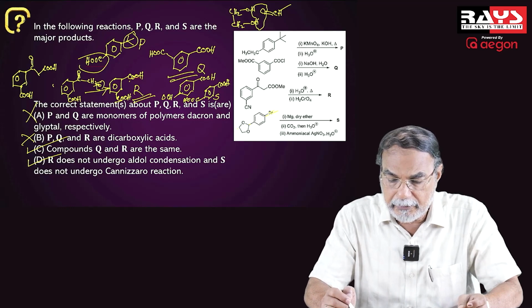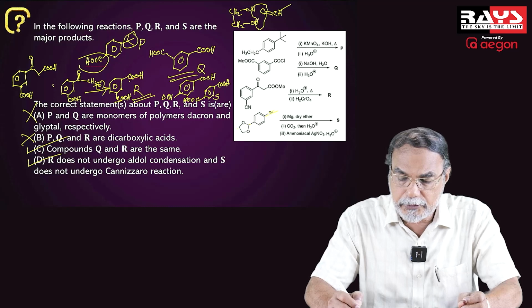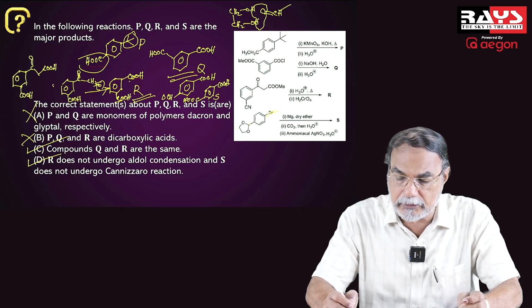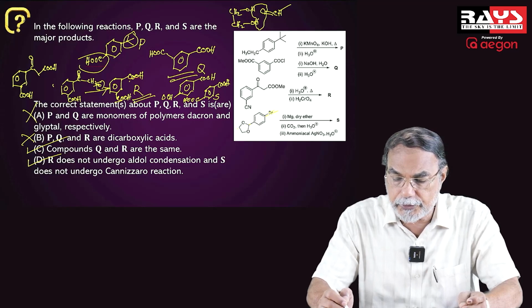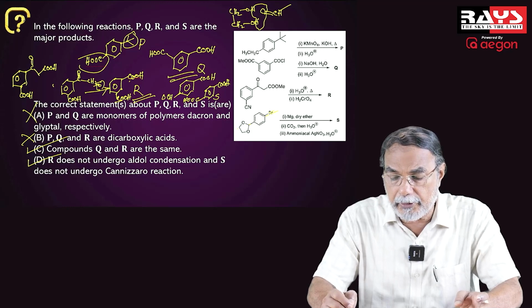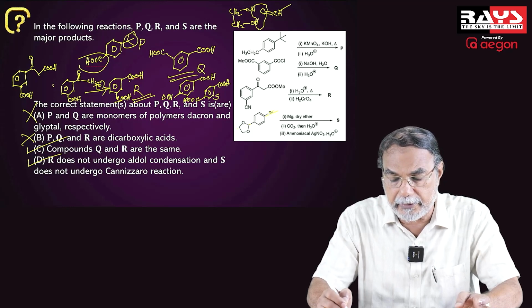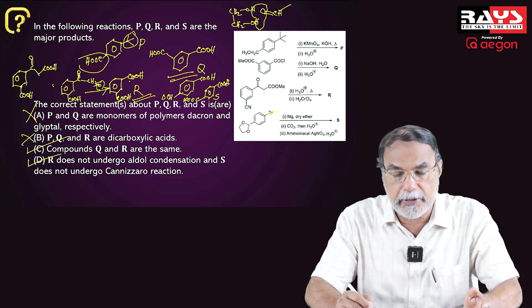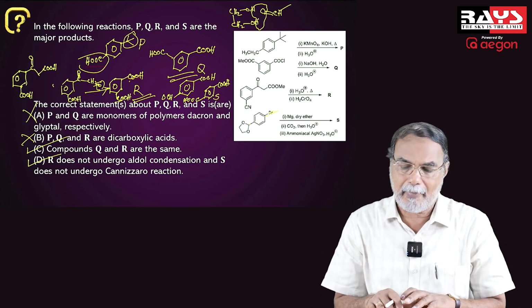So para-bromobenzaldehyde is a compound that undergoes a reaction with magnesium in dry ether medium, Grignard reagent, and carbon dioxide. You have the acid group, and on reaction with ammoniacal silver nitrate, the aldehyde is also oxidized to the acid group. So the ultimate product in the fourth conversion is benzene para-dicarboxylic acid.